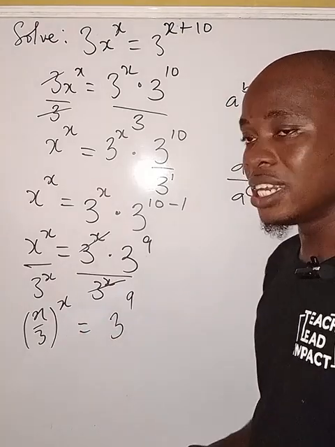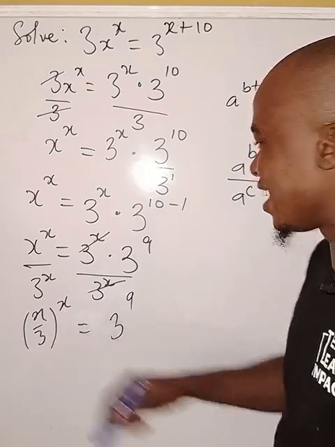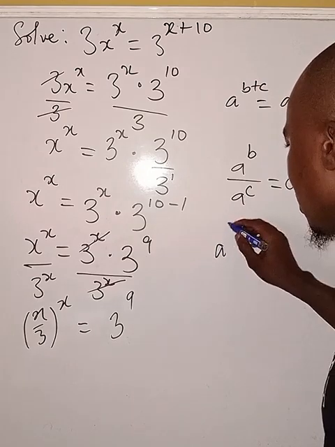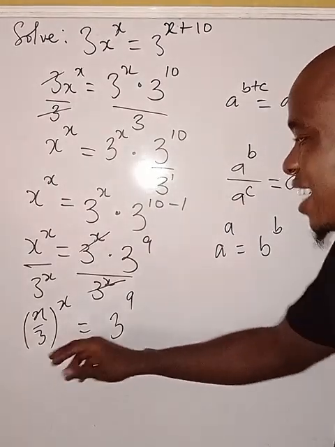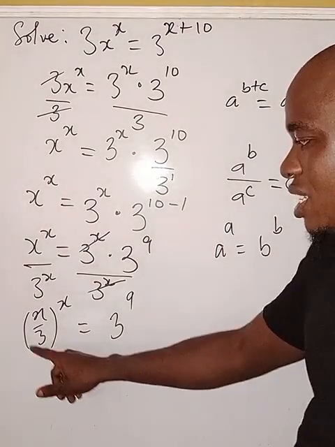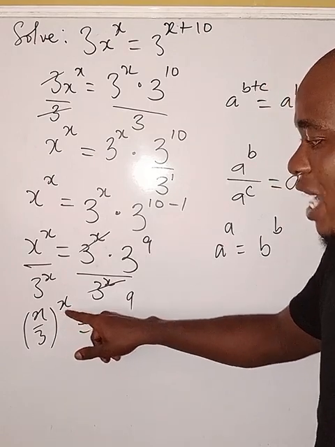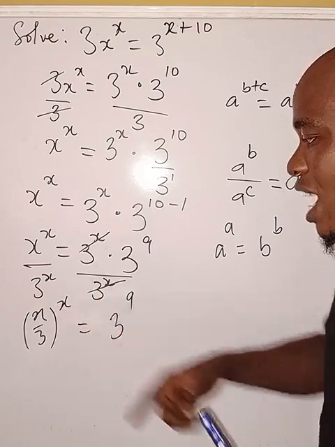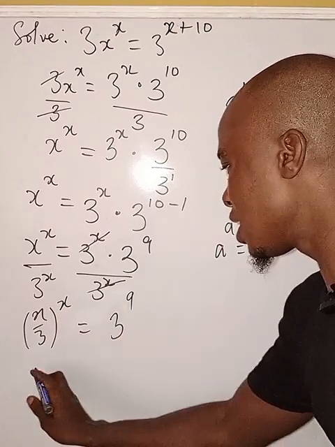Now the next thing I'm going to do is that I want to see something like a to the power of a and b to the power of b from these two sides. Originally x over 3 is the base, so now what I need is x over 3 in the power here.